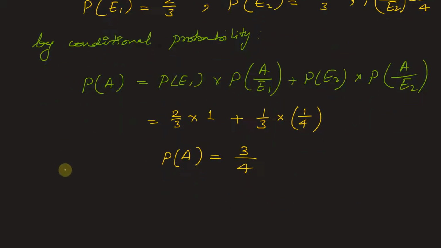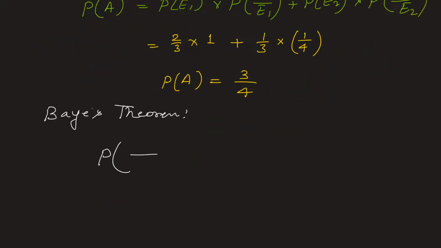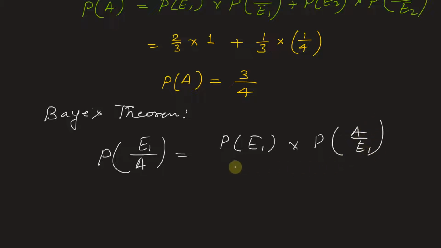Okay, now we can use the Bayes theorem to find the probability that the student knows the correct answer, that means he answered correctly and he knows the answer, is given by P(E1) multiplied by P(A|E1) divided by P(A). Okay, so P(E1) is 2 by 3, it's given in the problem, and of course he knows the answer, so he will answer correctly.